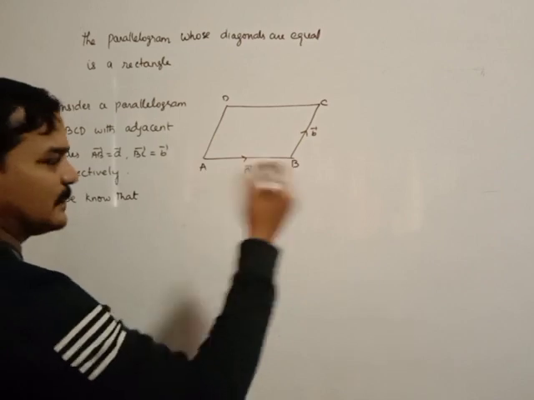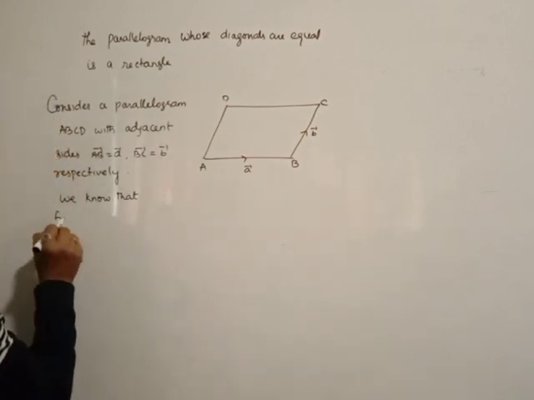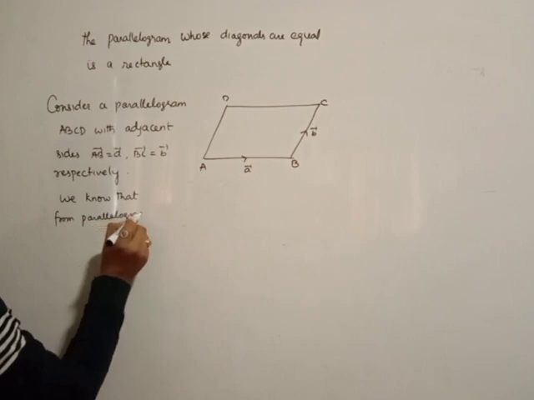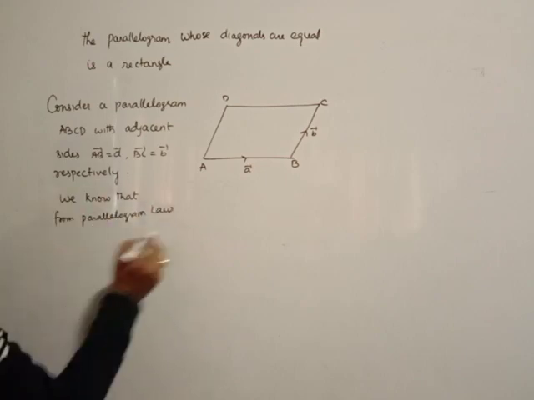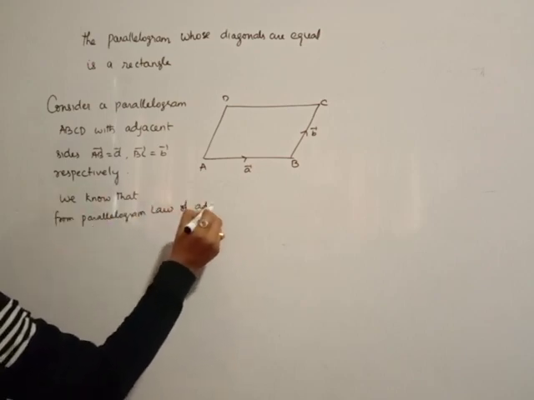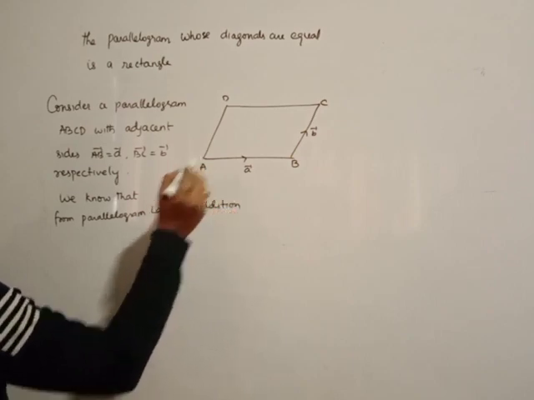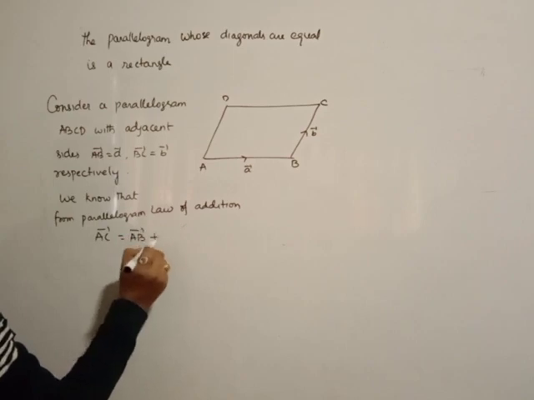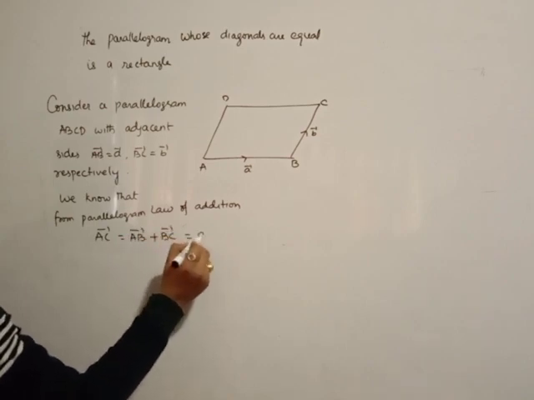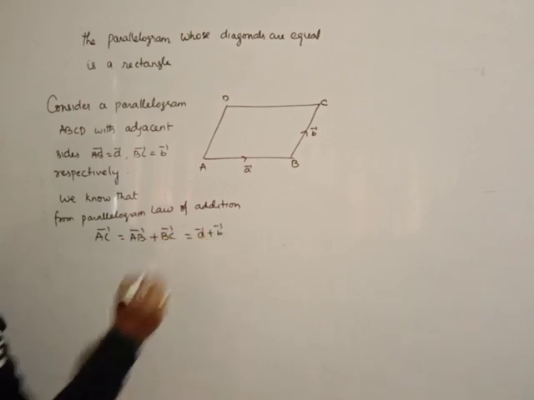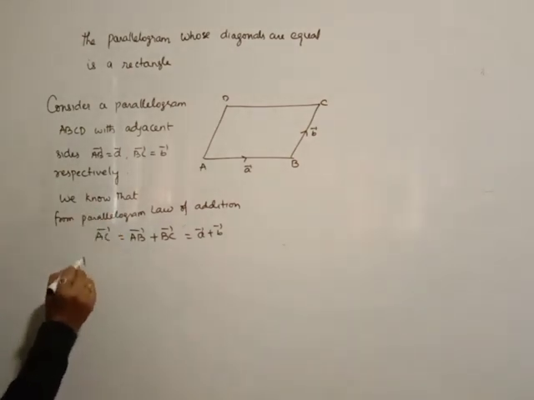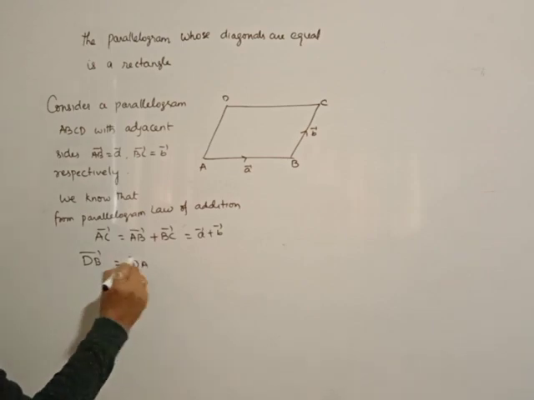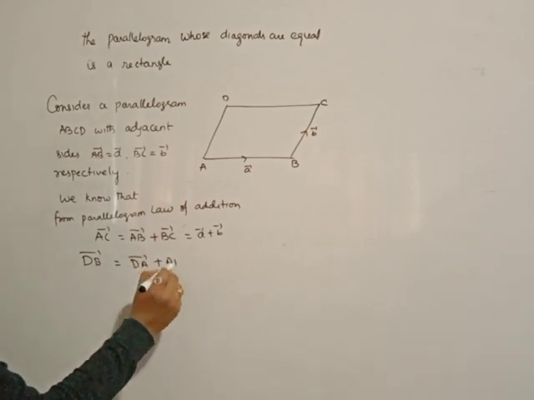Now, we know that from the diagonal rule, parallelogram law or triangle law of addition, which you saw in the first exercise, AC bar is equal to AB bar plus BC bar, that is A bar plus B bar. Similarly, DB bar is equal to DA bar plus AB bar.